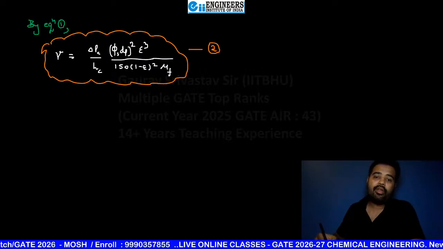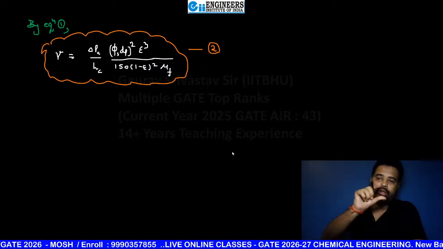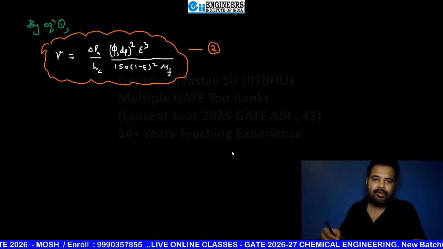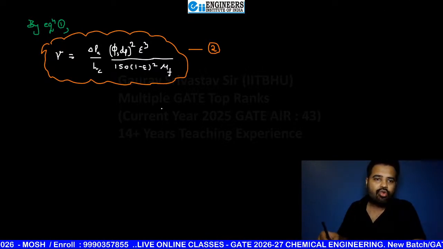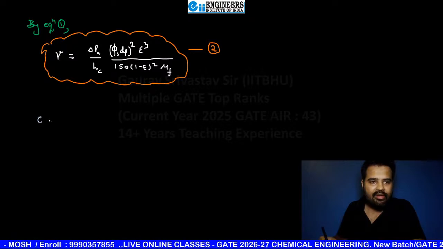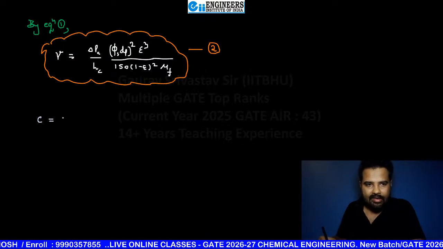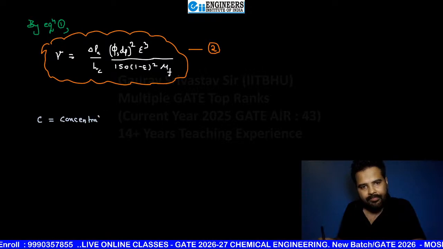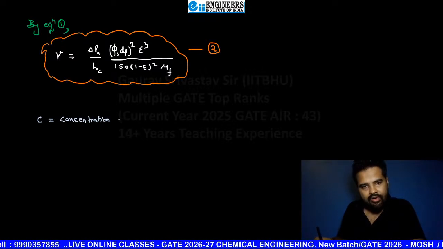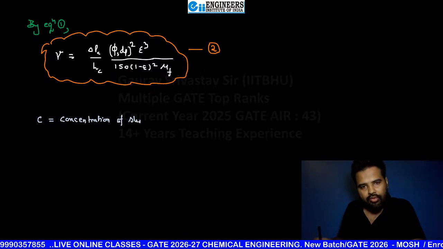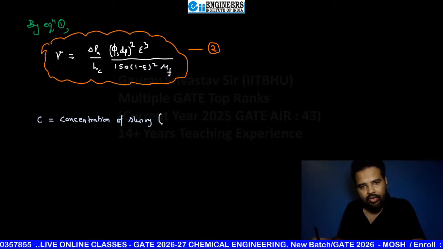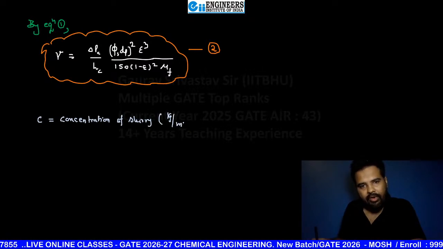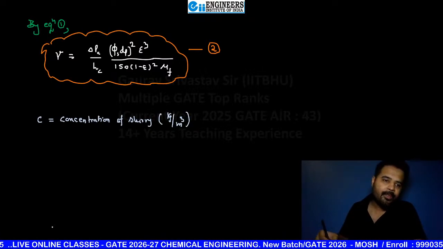That is kilogram per meter cube, the weight of solid present in the filtrate. So I am writing a small c here, and this small c is the concentration of your slurry, and the unit is kilogram per meter cube of filtrate.